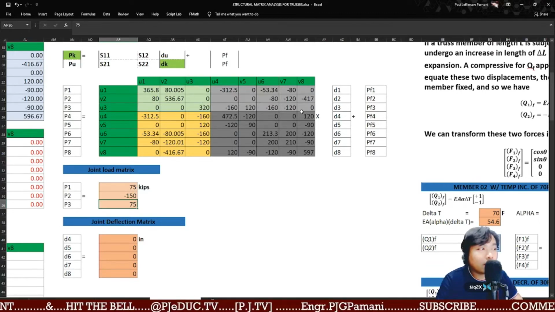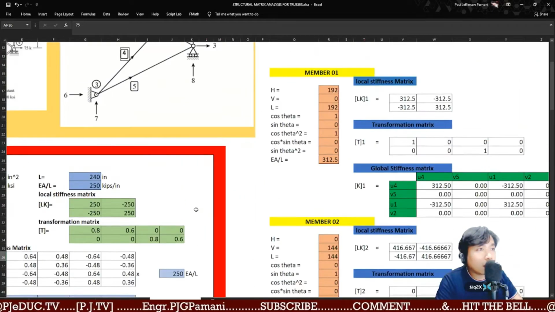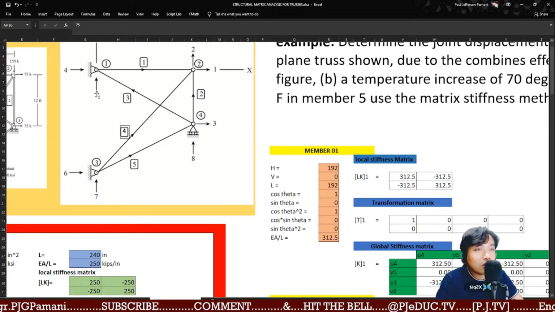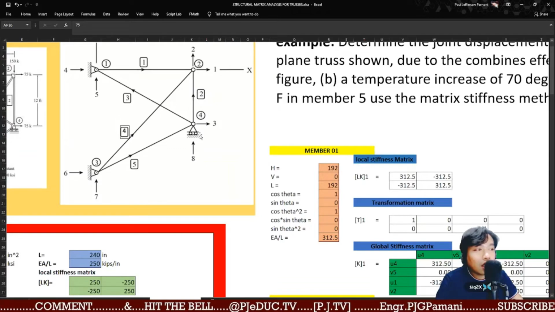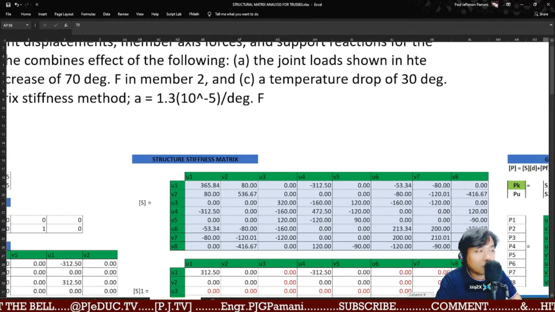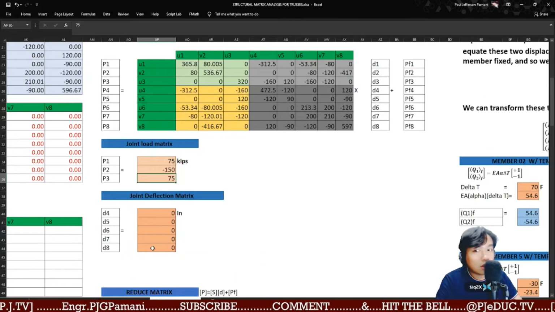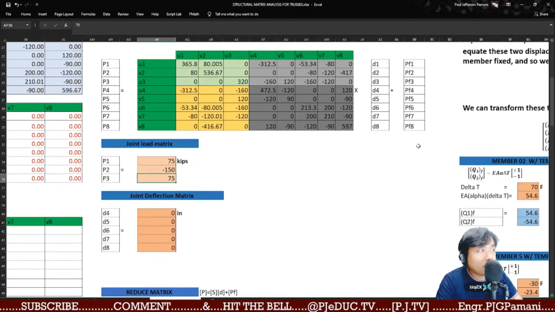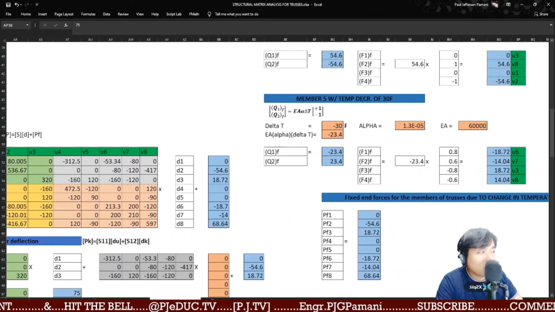So starting from D4 to D8, as shown in our figure, again, is simply equal to 0. 0 yung horizontal vertical sa node 1, sa node 3, and the vertical at node 4. So D4 to D8 will be equal to 0. Then include the values of PF1 to PF8 which we have recently computed here.